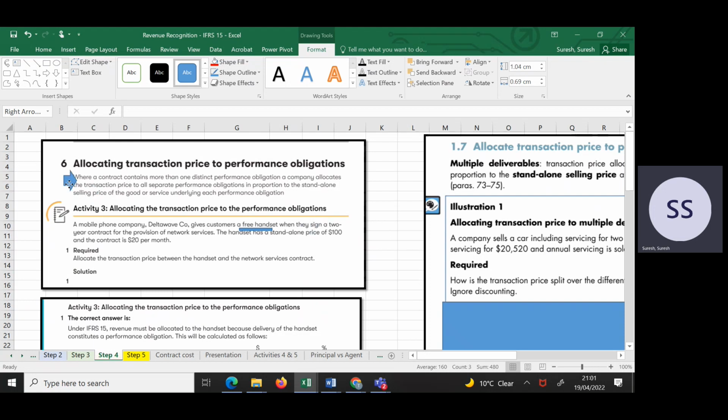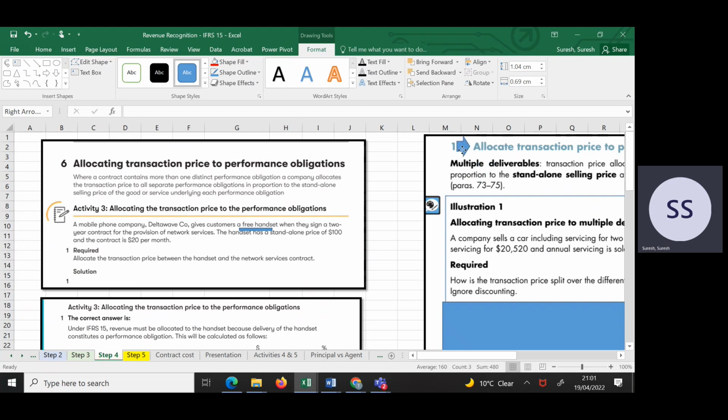It says where a contract contains more than one distinct obligation, a company allocates the transaction price. As I said, we allocate the transaction price if the contract has distinct performance obligations that you can separately identify, meaning the handset can be given separately and network services can be given separately. Here, the car can be sold separately and servicing can be done separately.